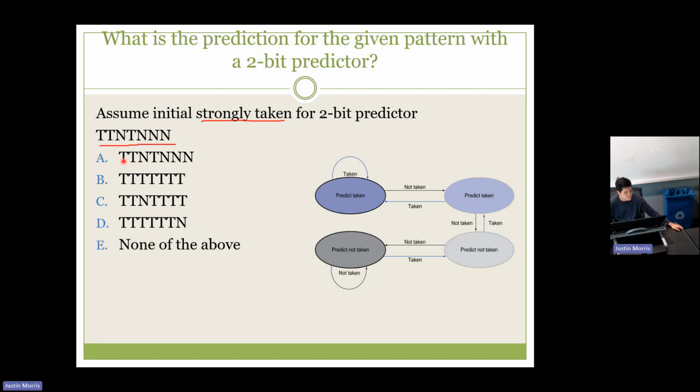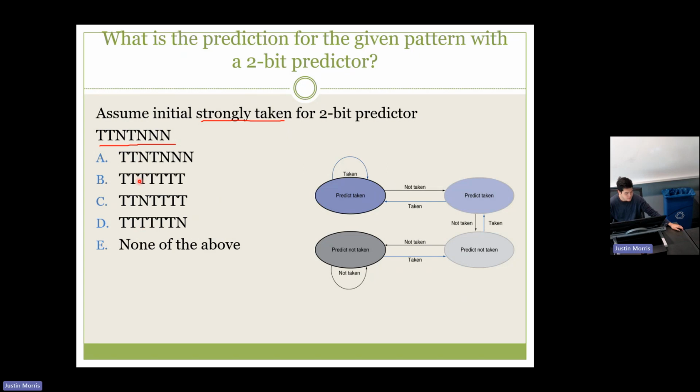And then my actual result was taken, so I stay strongly taken. So my next prediction is taken. Yes, taken. And it was right again. So I again stay strongly taken. So my third prediction is taken.